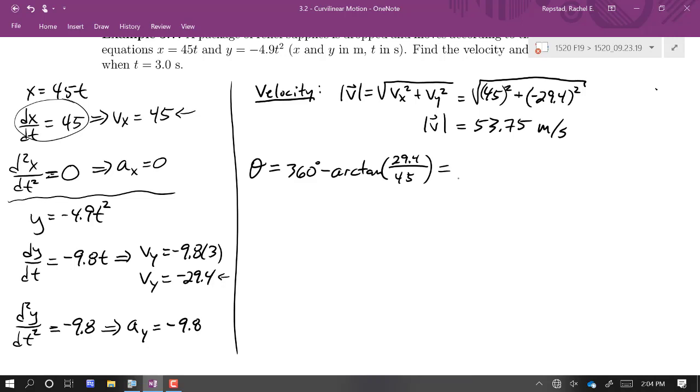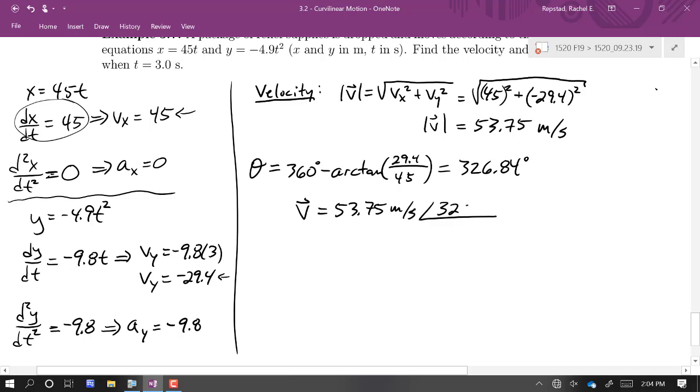You get 326.84 degrees. So our velocity vector is 53.75 meters per second at an angle of 326.84 degrees.